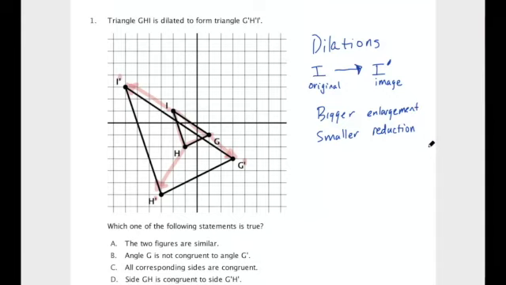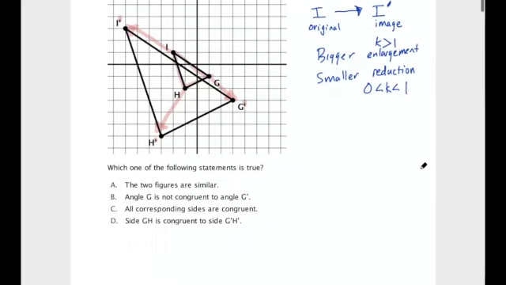Okay. The K value, that scale factor, which is K, is going to be greater than 1 in an enlargement. It is going to be between 1 and 0 with a reduction. Okay, so it's smaller. All right, so that's some basic ideas.